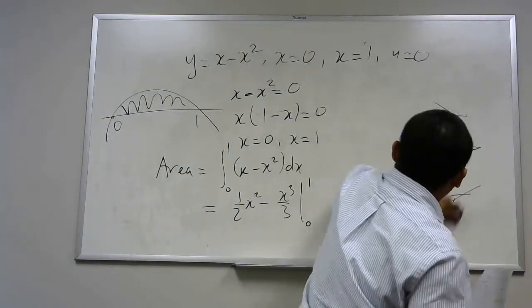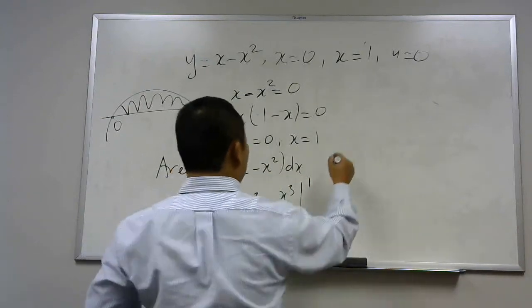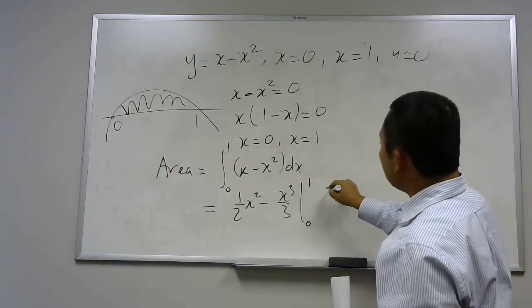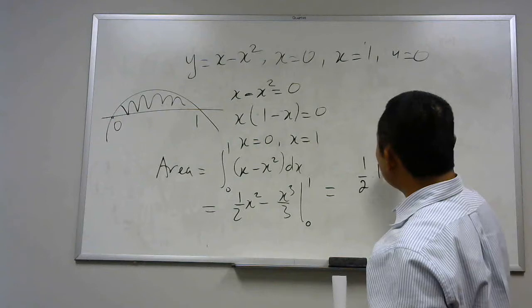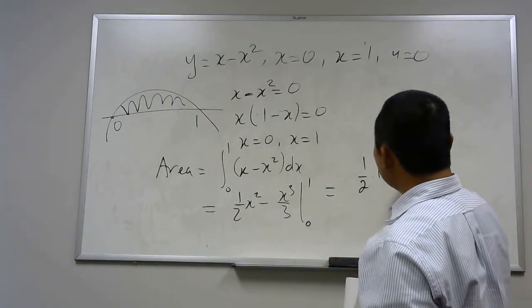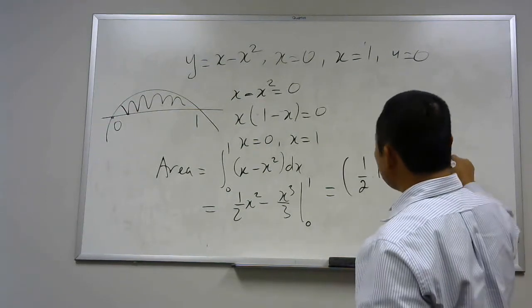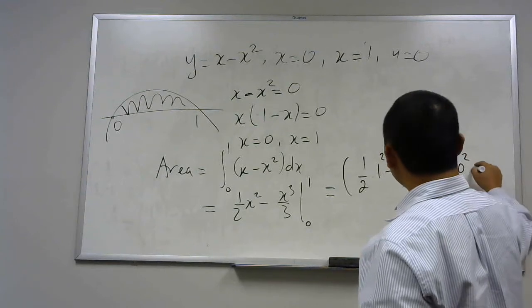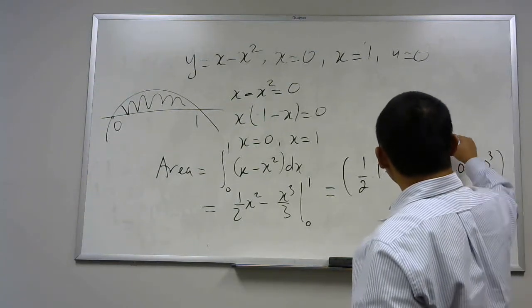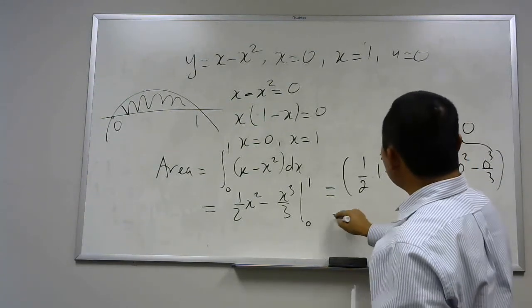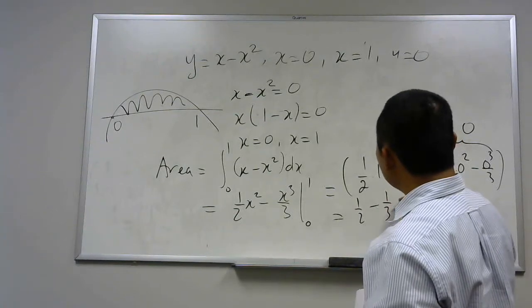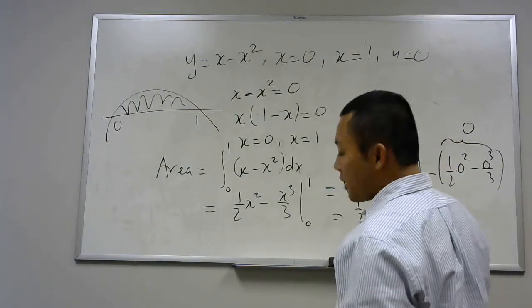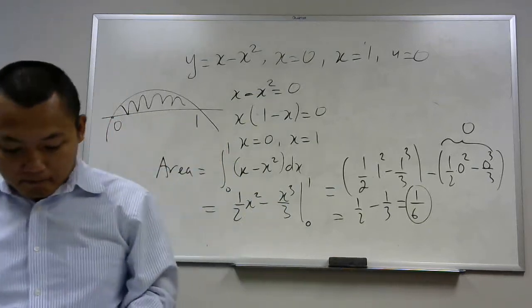Let's do that. Then this is equal to 1 over 2 times 1 squared minus 1 cubed over 3, minus 1 over 2 times 0 squared minus 0 cubed over 3. This term is just 0, and this is 1 over 2 minus 1 over 3, which is 1 over 6. So the answer is 1 over 6.